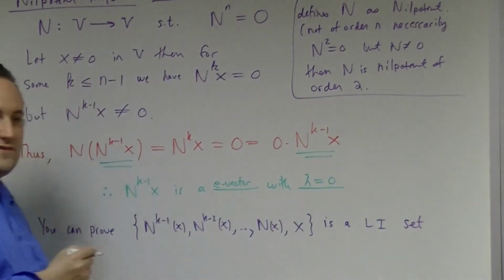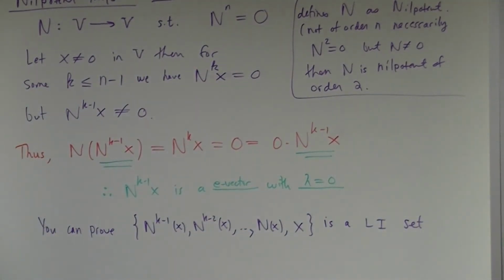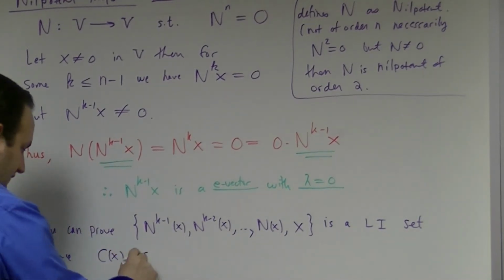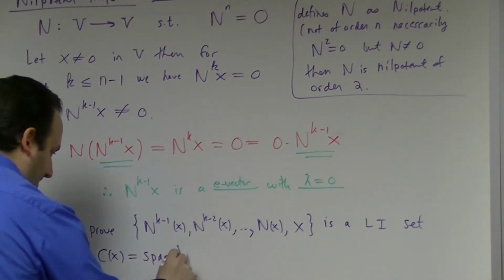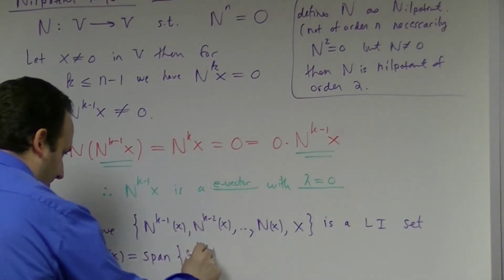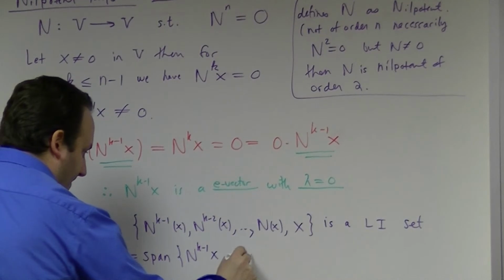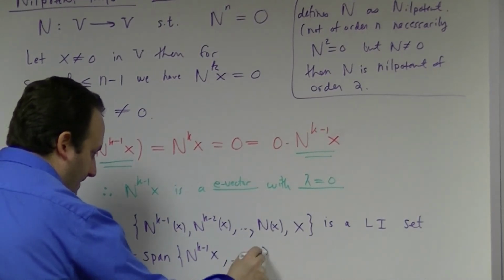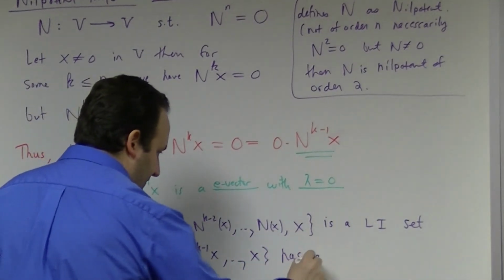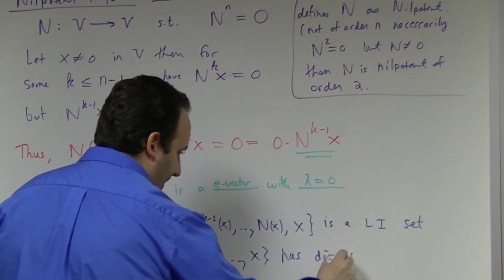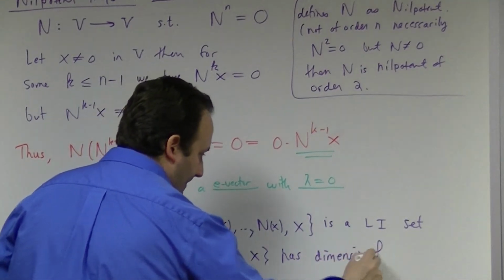That's proved in this section. Hence, C of x, which is equal to the span of the above set, has dimension k.